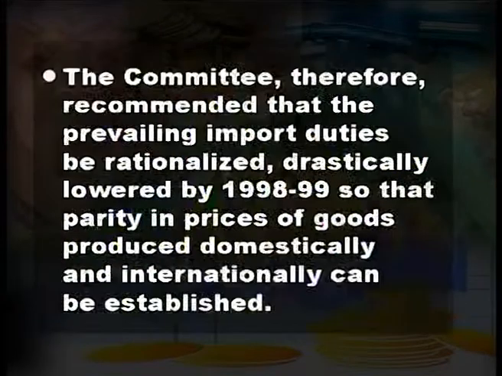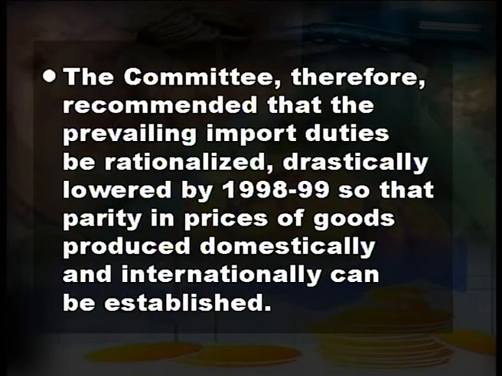This had pushed up the cost of imports considerably, leading to very high level of protection to the Indian industry. The committee therefore recommended that the prevailing import duties be rationalized drastically, lowered by 1998-99, so that parity in prices of goods produced domestically and internationally can be established.